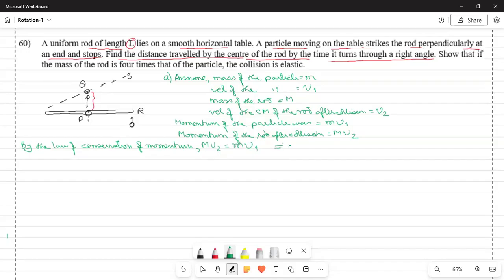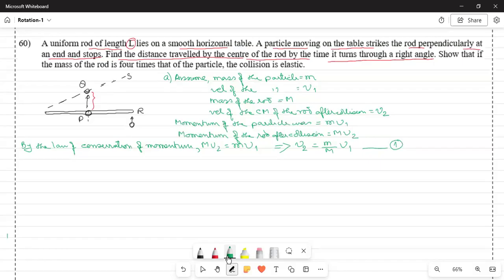From here we get the linear velocity of the center of mass, v2 equals small m by capital M times v1. Let us call this relation 1. We shall need this relation later.